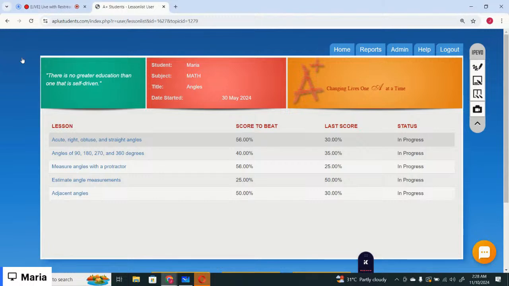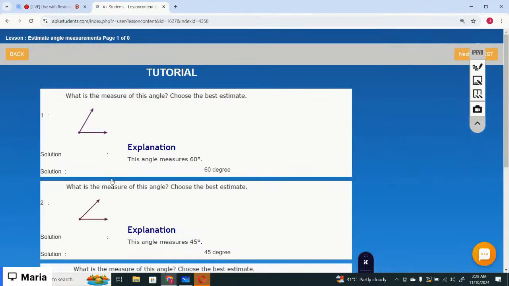The next lesson is estimate angle measurement. What is the measure of this angle? So you need to estimate, right?